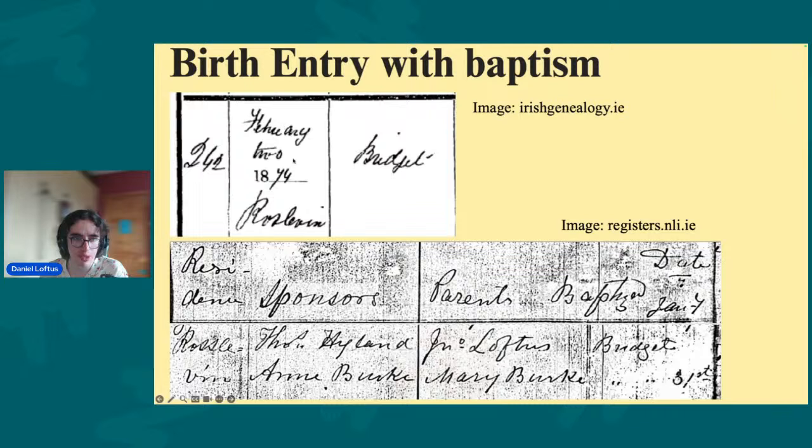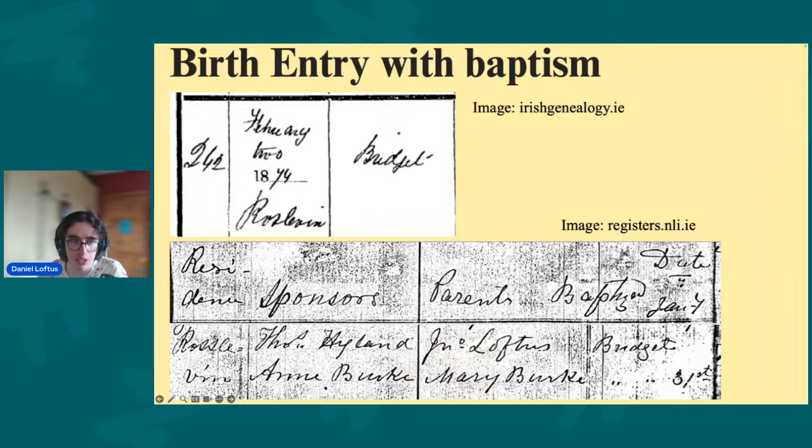This is her birth entry, or snippet of it, where you can see February 2nd of 1874 was the date of birth for Bridget in Rosslevin. However, when I went looking for her corresponding baptism later on, I could see that we've got a different date here. She was baptized on the 31st of January, 1874.